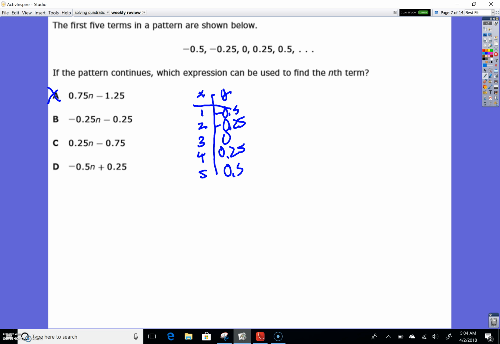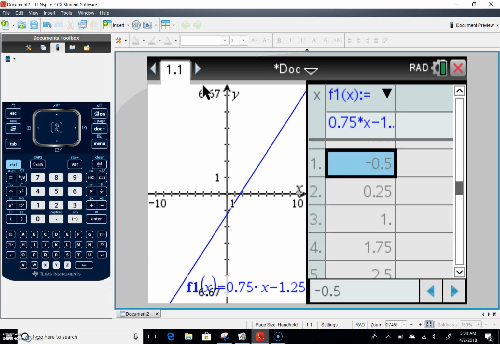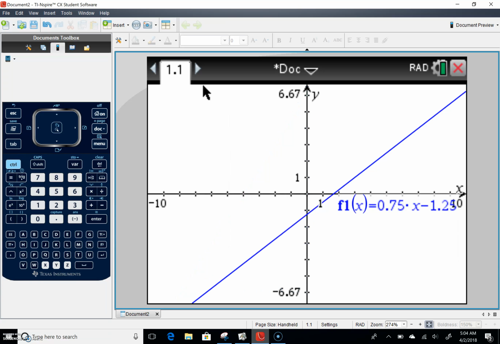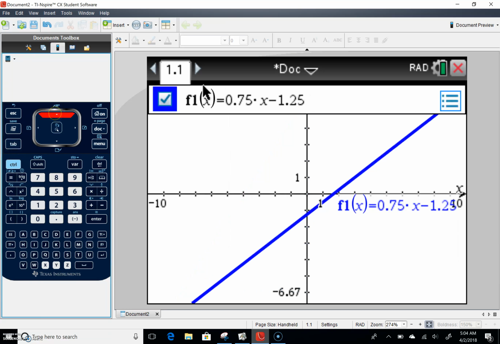Okay, I'm going to try this one because these two have a negative slope and the numbers are increasing. Okay, 0.25 minus 0.75. So Control T, I get out of there. Tab, change my formula.